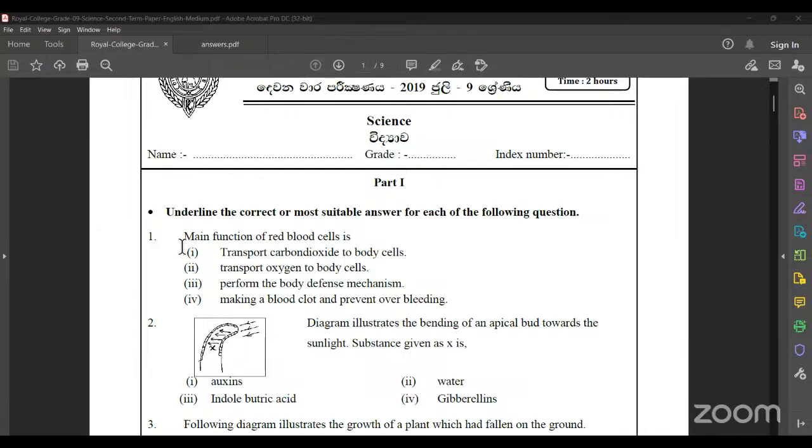So the first question is the main function of the red blood cell. They have given four answers: transport carbon dioxide to body cells, transport oxygen to body cells, perform the body defense mechanism, and make a blood clot and prevent overbleeding.